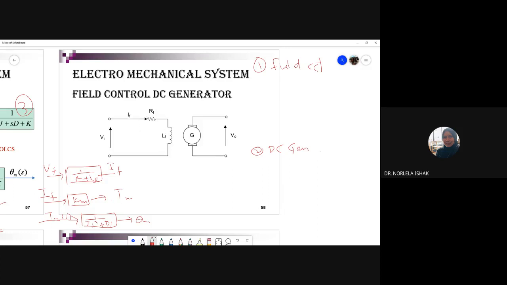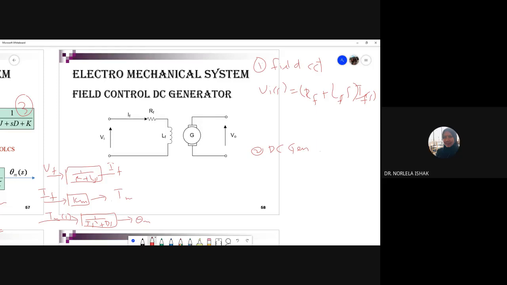So, how to derive? VF is our input, VF(s) equals to the impedance, R_F plus L_F s, multiplied with the I_F(s).